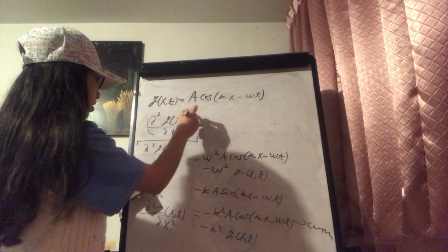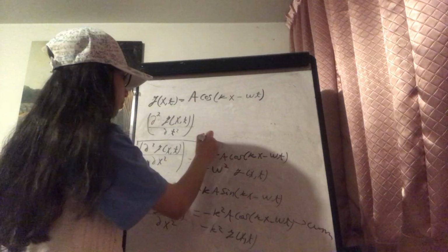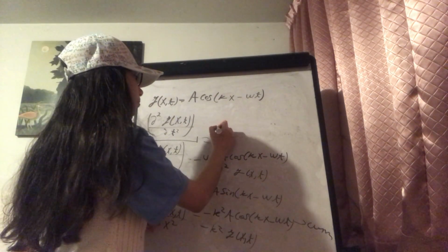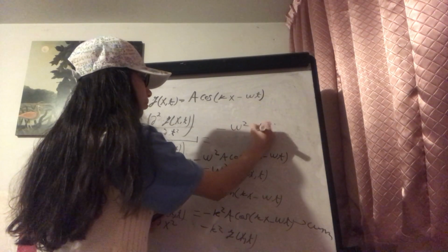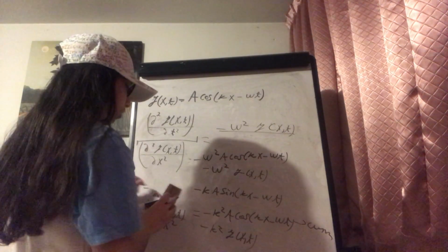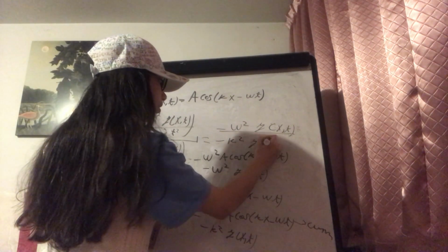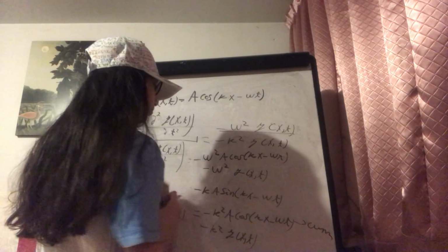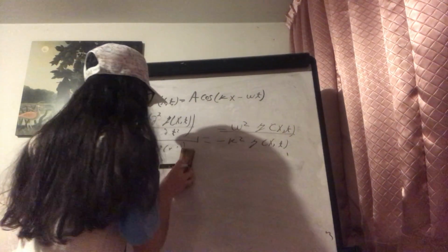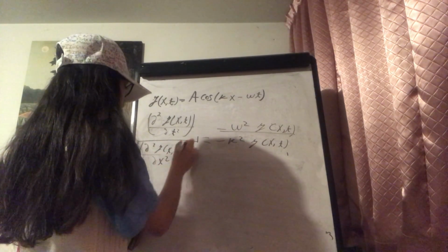We obtain the acceleration, that is minus omega squared y of x,t, divided by the curvature, that is minus k squared y of x,t.